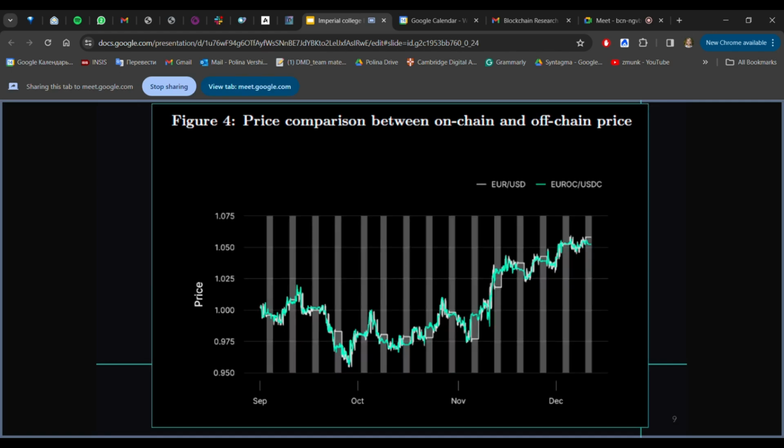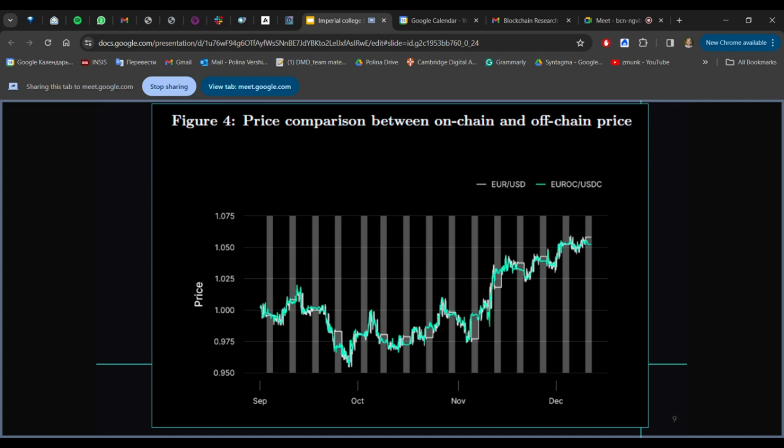Then I talked about price discovery. These are two line charts that compare the Euro and US dollar exchange on the traditional exchanges with, I believe it's also Uniswap, the stablecoin of Euro and the stablecoin USDC issued by Circle and their prices.